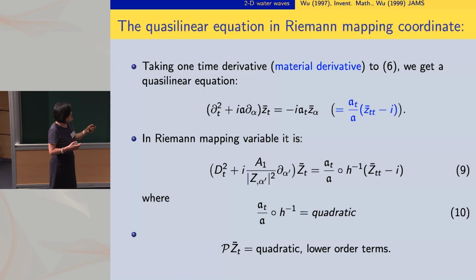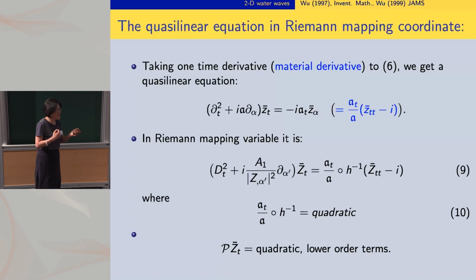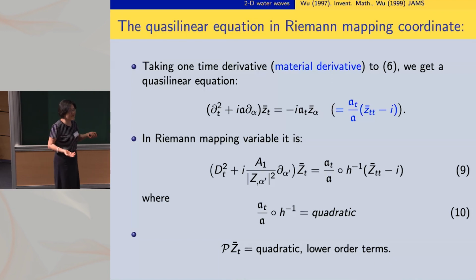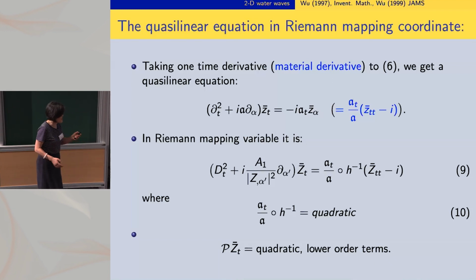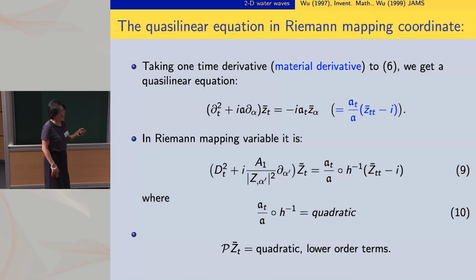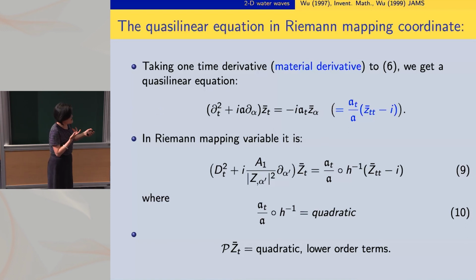But the right-hand side, if you just remove the bar, is I a_t z alpha, which really just points in the normal direction. A holomorphic function on the boundary that only points in the normal direction would have to be zero, right? You cannot have a holomorphic function whose tangent direction equals zero. But because the left-hand side is not exactly holomorphic, the right-hand side is a lower order term.